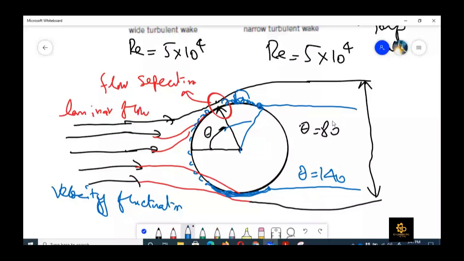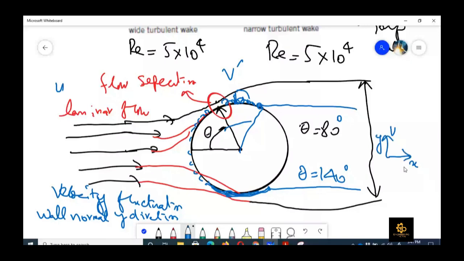Why does it remain attached? Because we have wall normal, or y direction, velocity fluctuation. U is the streamline velocity and V is the wall normal velocity. If we say this is x and y, then V is the velocity in the y direction and U is the velocity in the x direction.